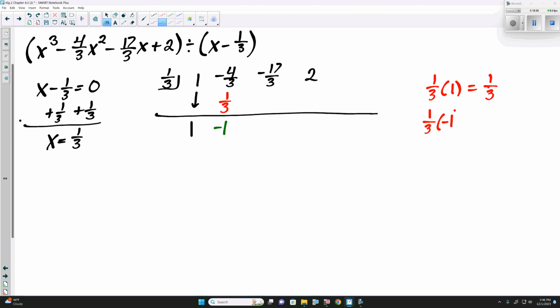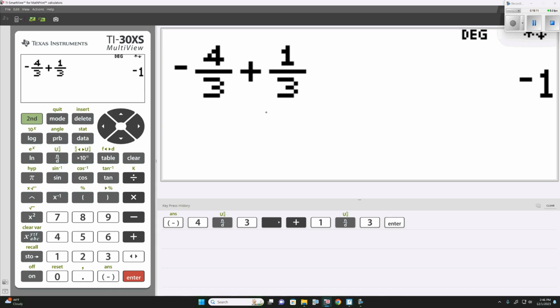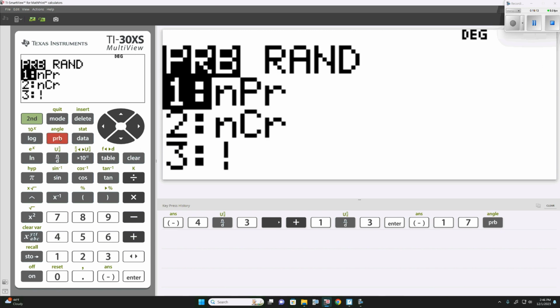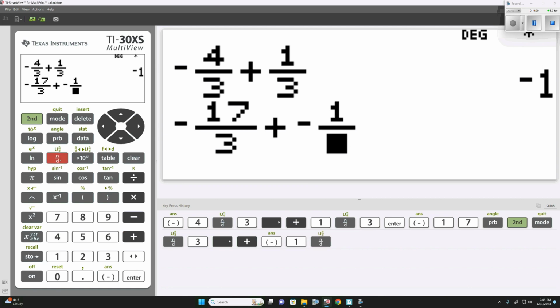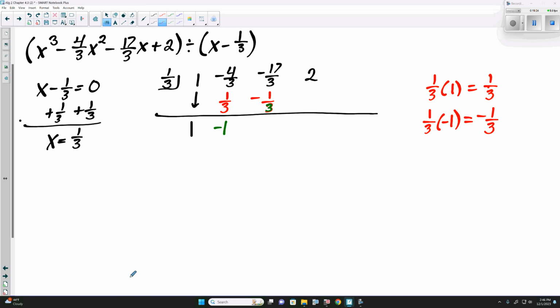And now we'll do the multiplication step again. 1/3 times -1 is -1/3. We'll put it under the next one and then add straight down. And the calculator will do this for us, -17/3 plus -1/3 is -6.